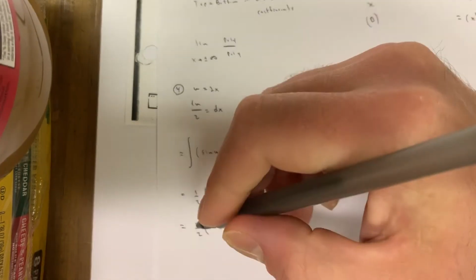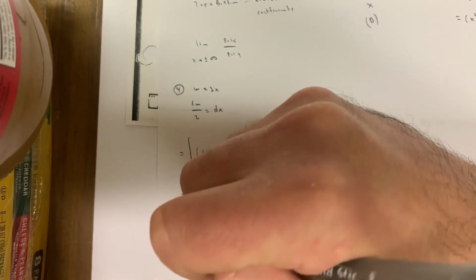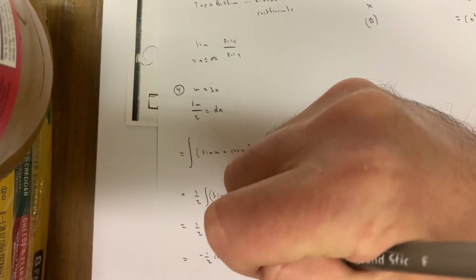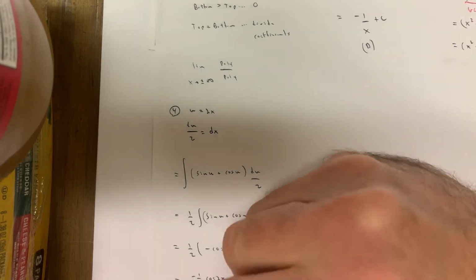You can put the plus c in there, distribute the 1/2 to it. 1/2 times c is just another constant. So negative 1/2 cosine of, don't forget u is 2x, plus 1/2 sine of 2x plus c. Take a look, see if that answer is there. Okay, and I believe it's answer choice B.